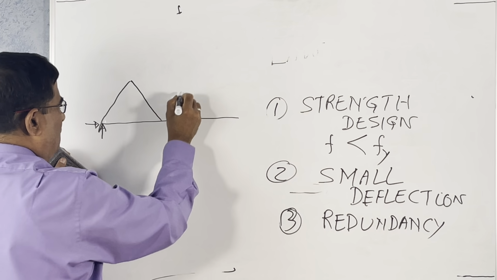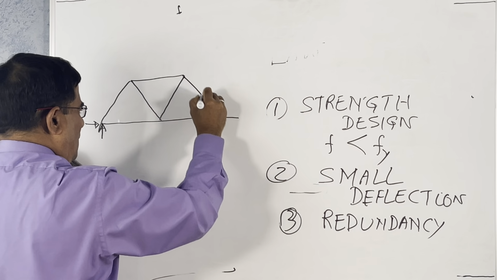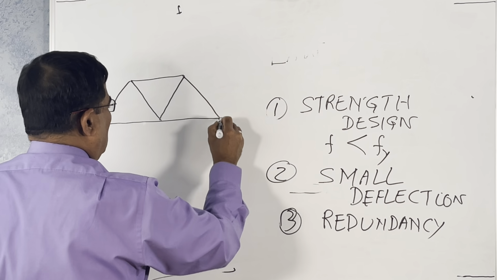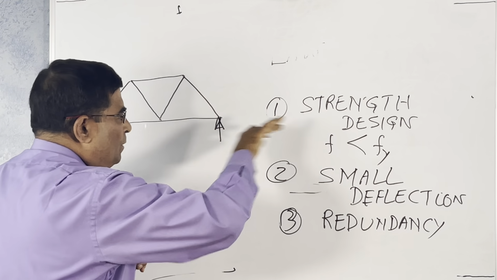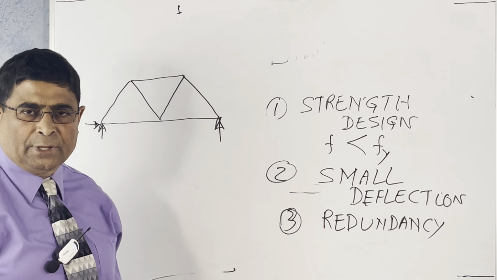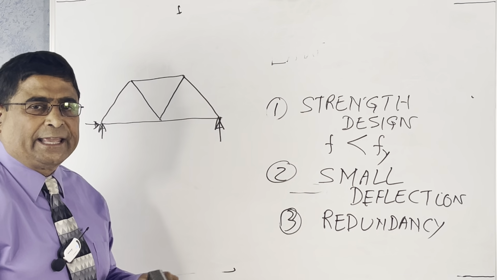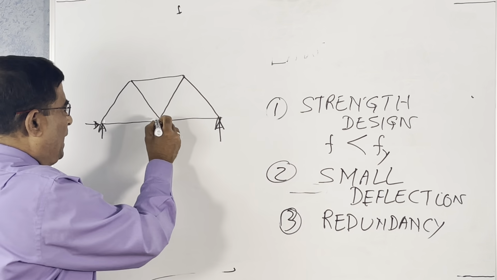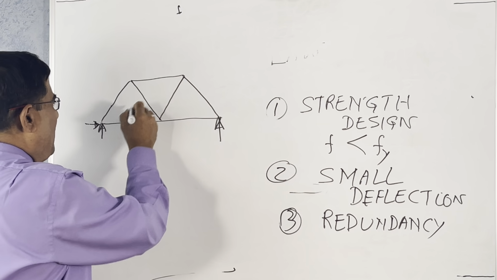A very simple structure, simply supported. Assume that. This is the roller support, it can move, and this is a hinge support or pin support. It cannot move, it can rotate. And in this truss, we do not take any moment. So there are only axial forces. So what happens? This is a determinate structure. That means you can easily find out the member forces.